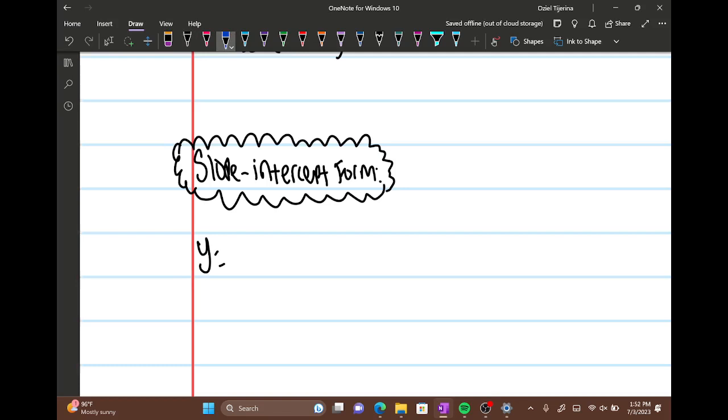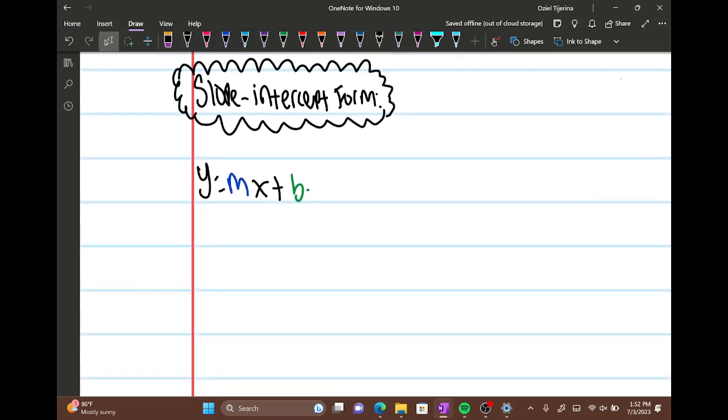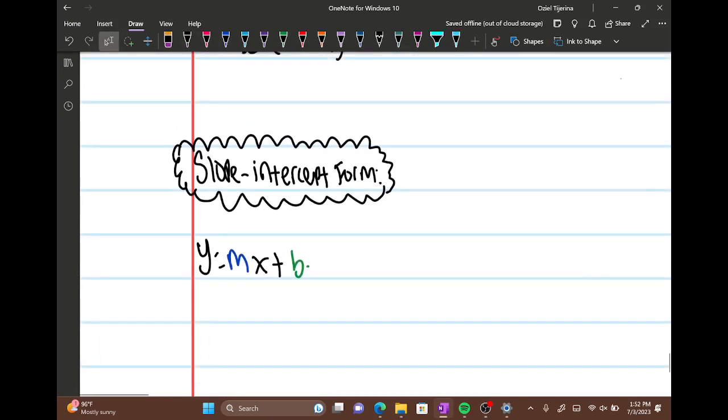Basically it's y equals mx plus b. This is the slope-intercept form. This is one of the forms of a linear function, or a linear equation, right? We call that slope-intercept form.